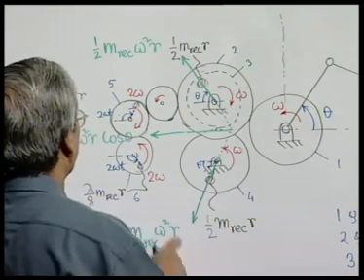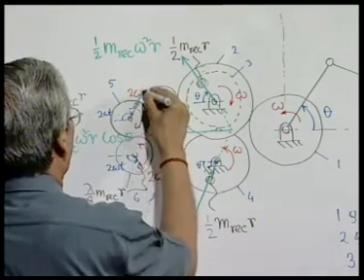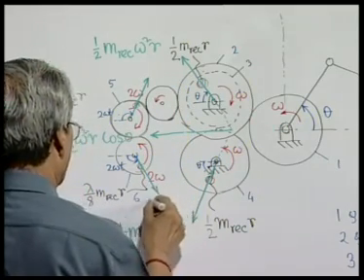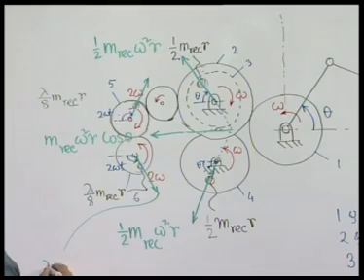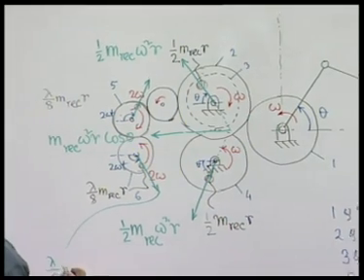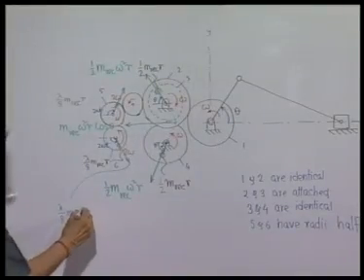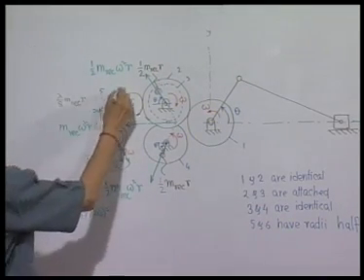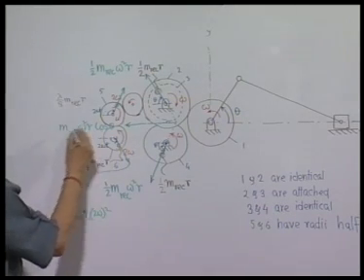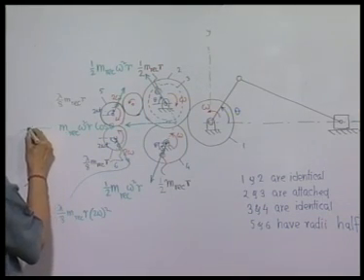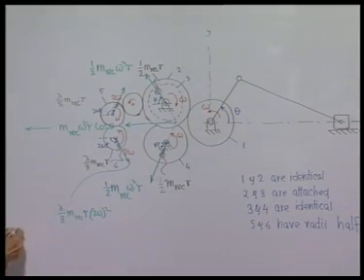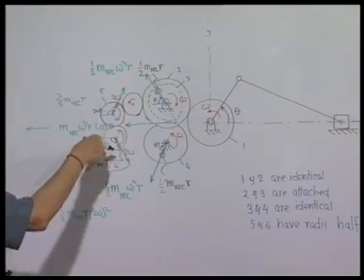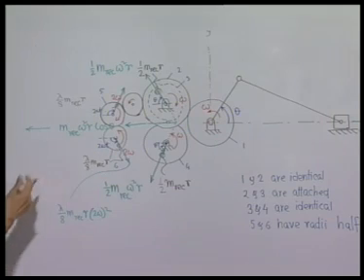Of course, this force is lambda by 8 m reciprocating r 2 omega square, same is this, and the resultant in this direction will be cosine component of this, cosine component of this, y components are neutralized among themselves.